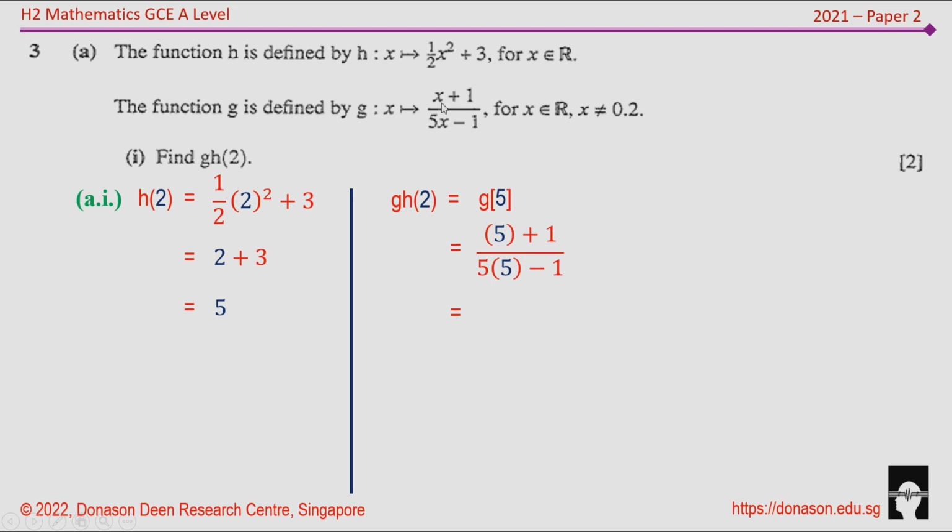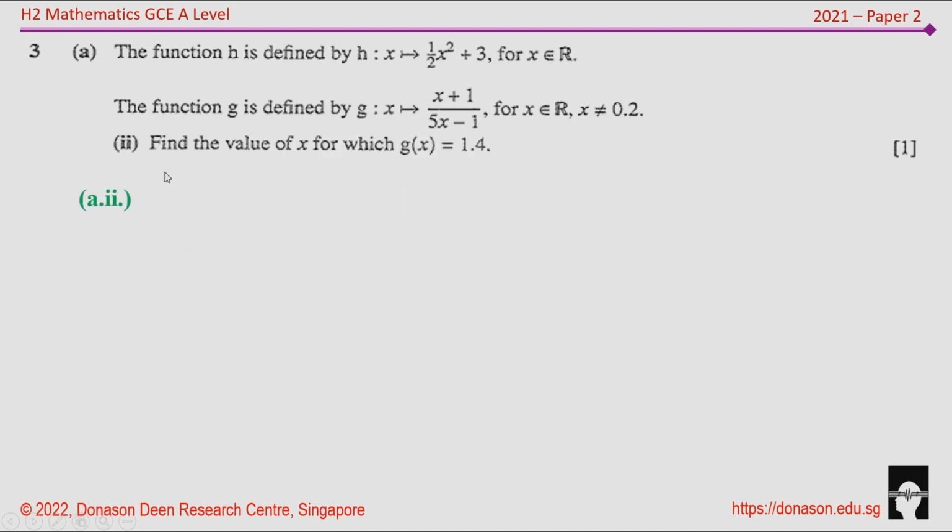So we have to use the g function, which says (x + 1) over (5x - 1), and when x becomes 5, it's (5 + 1) over (5 times 5 minus 1). 5 plus 1, the numerator becomes 6, and the denominator becomes 24. 5 times 5 is 25, less 1 is 24, and 6 and 24 are both divisible by 6, so we can simplify this into a fraction of 1/4. So there we have gh(2).